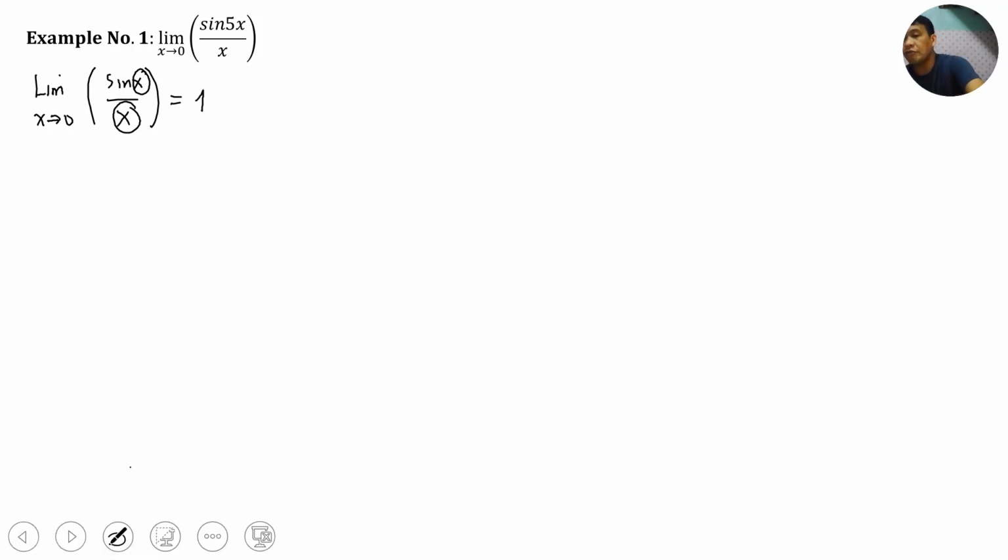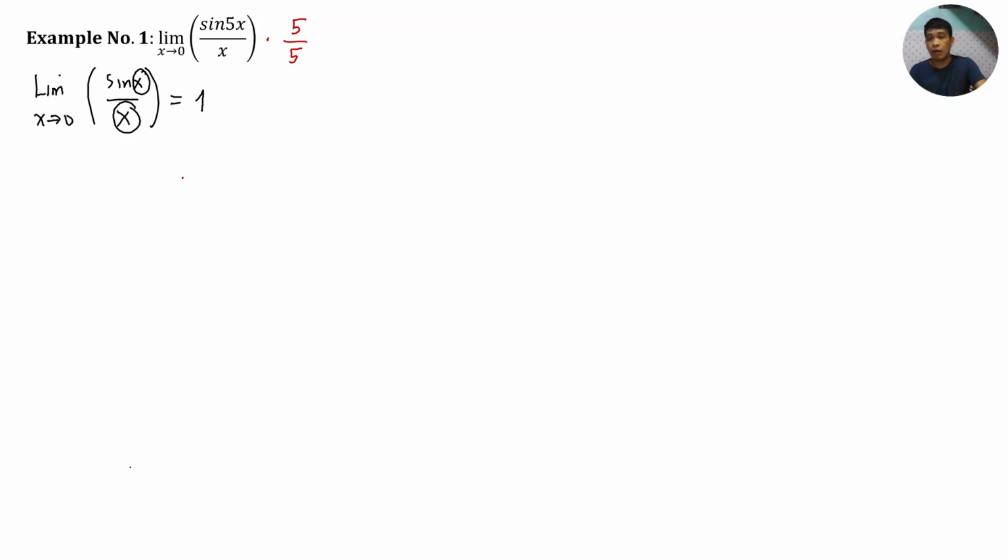So from what we have derived earlier, the limit as x approaches 0 of sine x over x is equal to 1. So meaning, whatever the angle is here, the same should be at the bottom. So, if this is 5x, I should also have 5x in the denominator. So, how can I get 5x in the denominator? I just need to multiply by 5 in the numerator and multiply by 5 in the denominator.